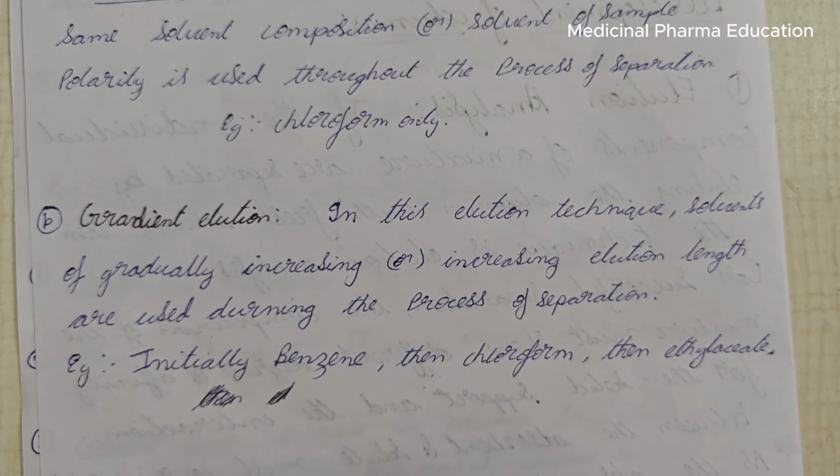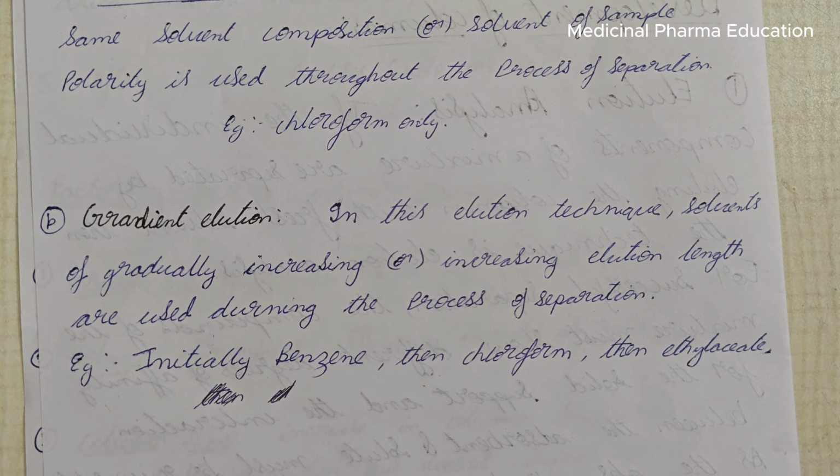What is gradient elution? In this elution technique, solvents of gradually increasing elution strength are used during the process of operation. Here the gradual increase in elution strength or polarity is used.